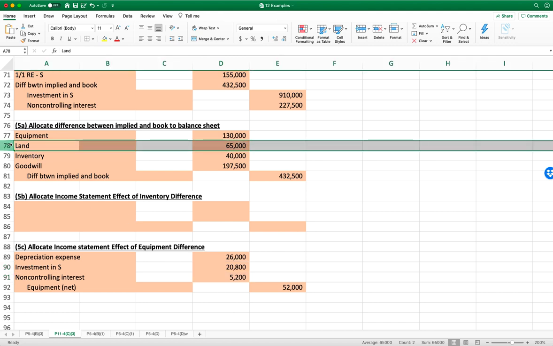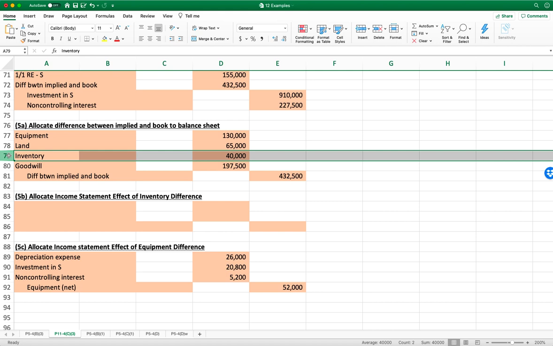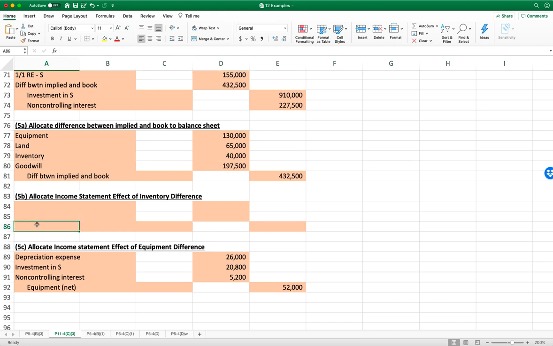Okay, working our way through our allocations again. Land, we still haven't sold it and we still don't depreciate it because that's not GAAP, so we can leave that one be. Inventory was entirely sold last year, so we need to take that fair value adjustment off the balance sheet. And split it between investment in S and non-controlling interest because this was entirely in a prior year.